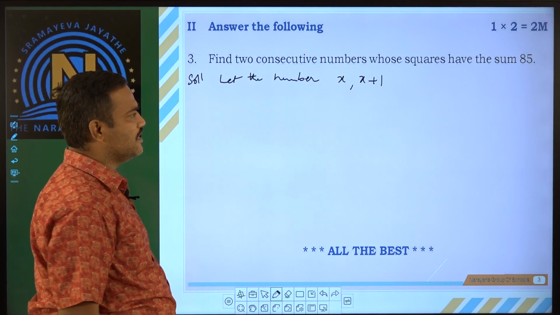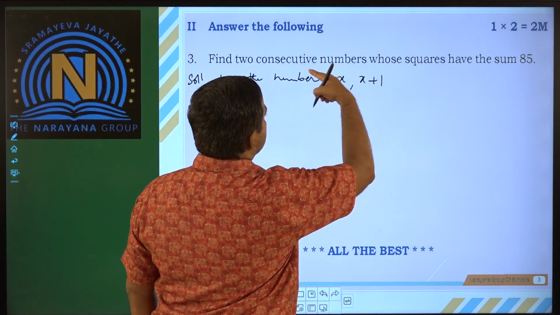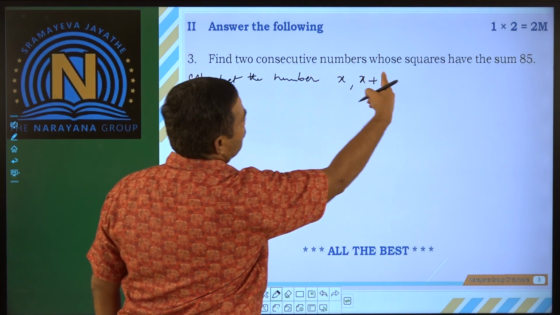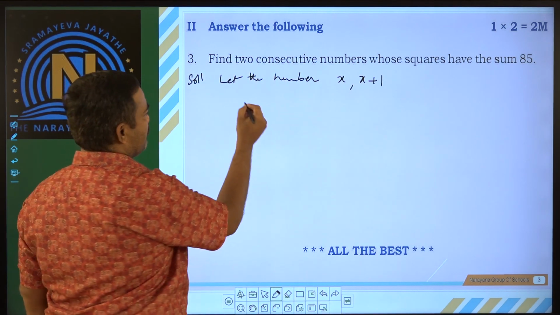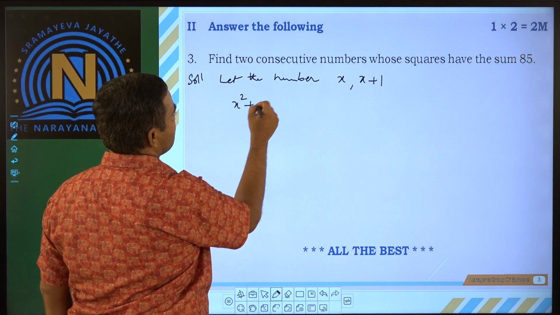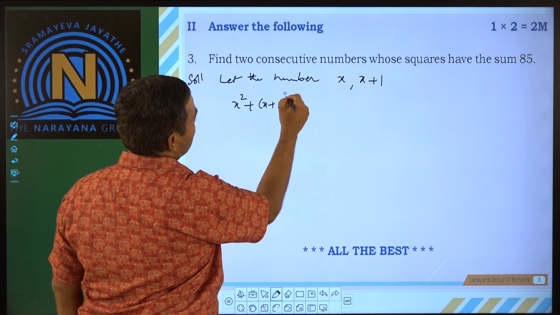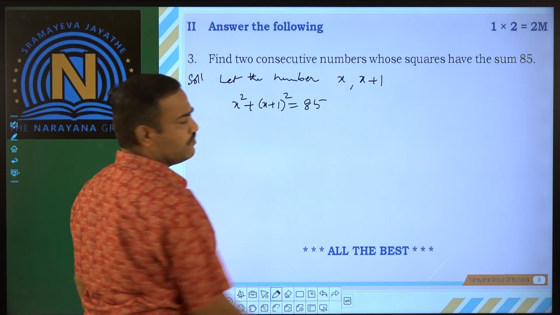One is x, one is x plus 1. So the sum of their squares is 85, means x square plus x plus 1 whole square is equal to 85.